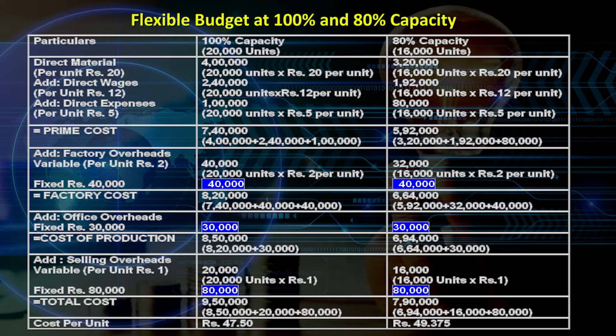The cost will increase by rupees 1.875 per unit if the level of operation reduces. We can also say that profit will also reduce by rupees 1.875 per unit if the level of operation is reduced from 20,000 units to 16,000 units.